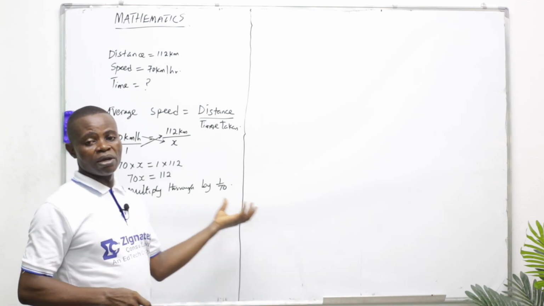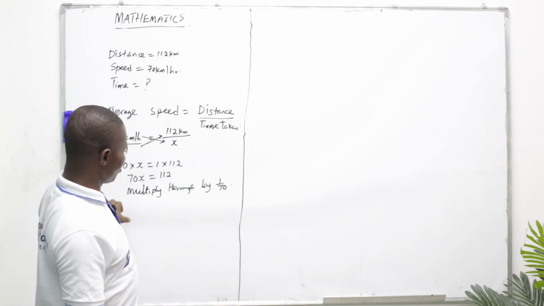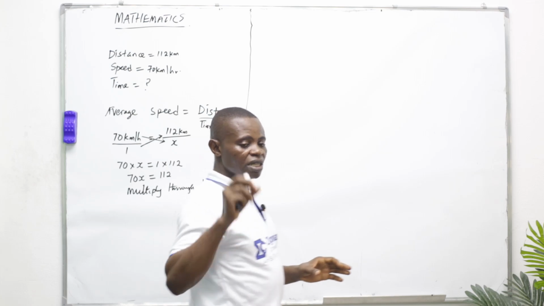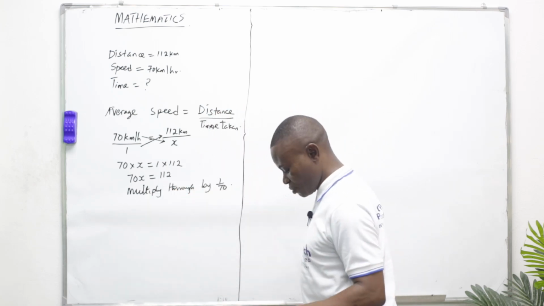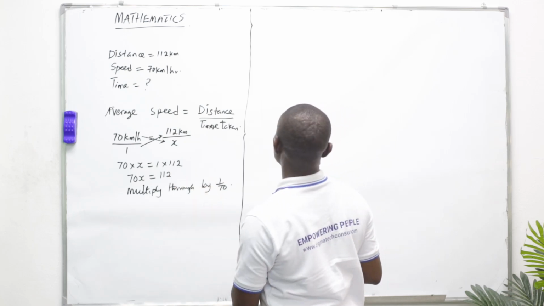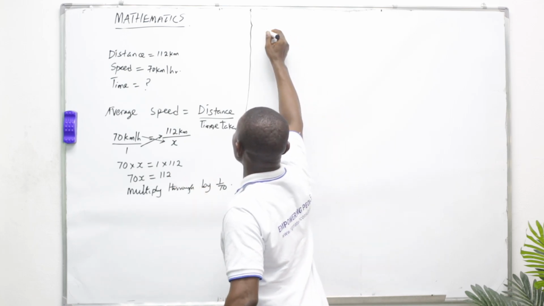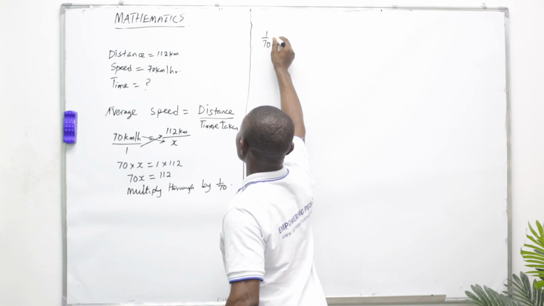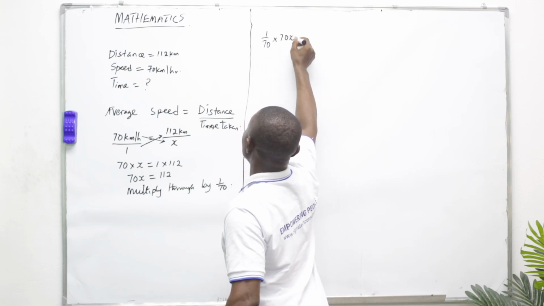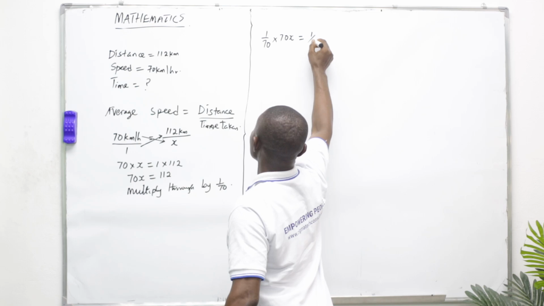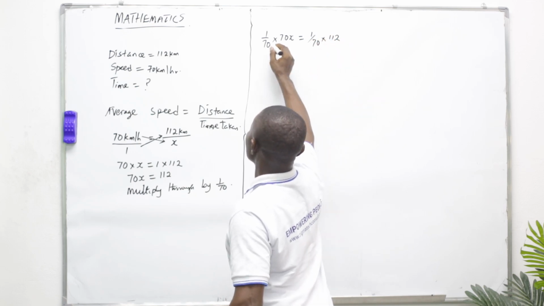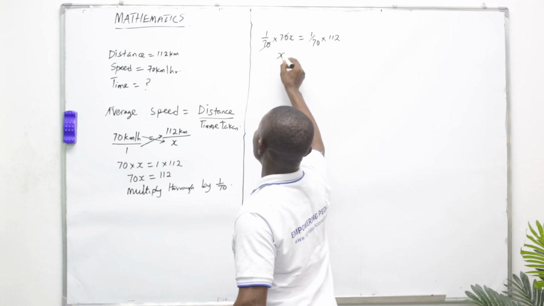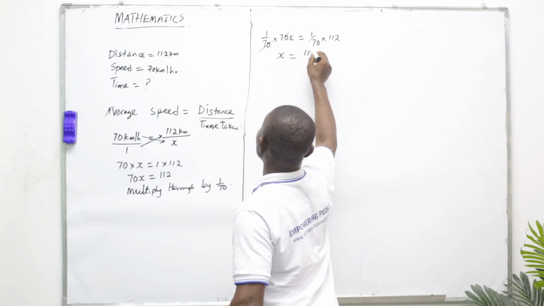Some people will be wondering about the 1 over 70. It simply implies the multiplicative inverse of the alphanumeric, that's 70s. You have 1 over 70 multiplied by 70x equals 1 over 70 multiplied by 112. So this takes care of this. x now equals 112 all over 70.